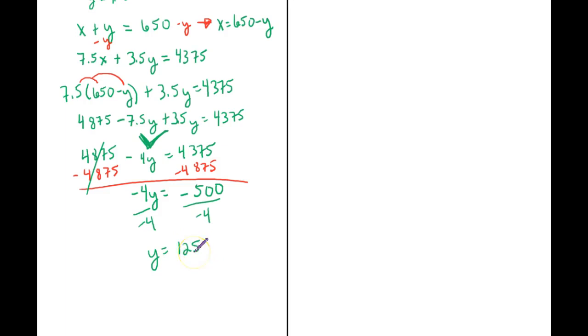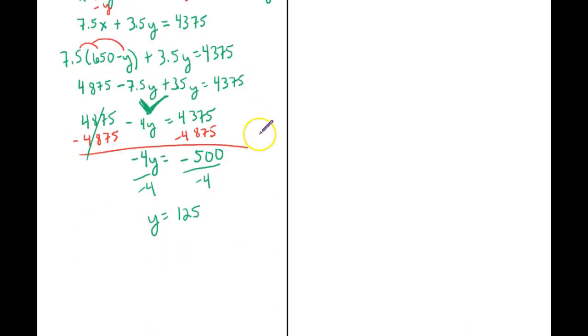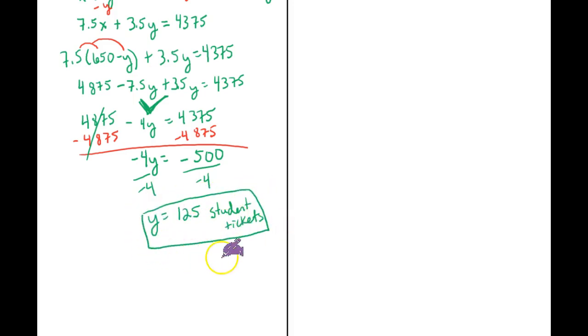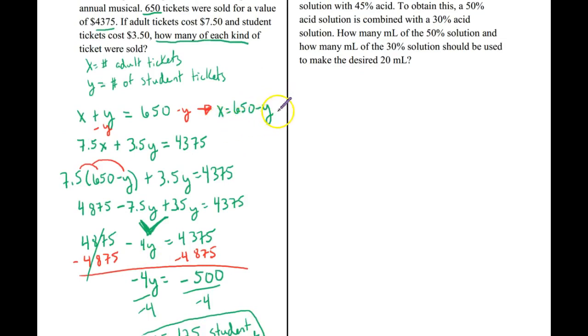And if we remember, y was the number of student tickets. So we had 125 student tickets. Now, let's look at how we find x. Well, we had a nice little equation right here: x equals 650 minus y.